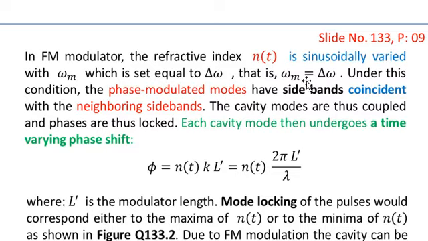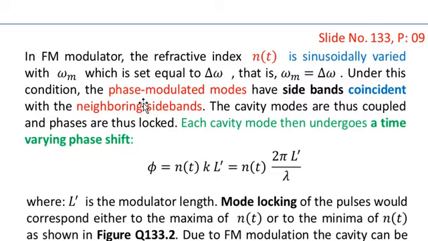So this condition is necessary if you want to lock the phases or the amplitudes of the modes in the laser cavity. And now this n of t is the refractive index variation of the material within the modulator, and it is a function of time and is varied sinusoidally.